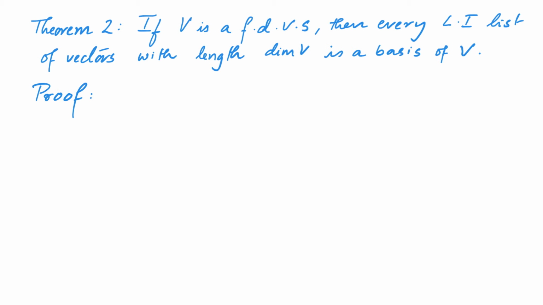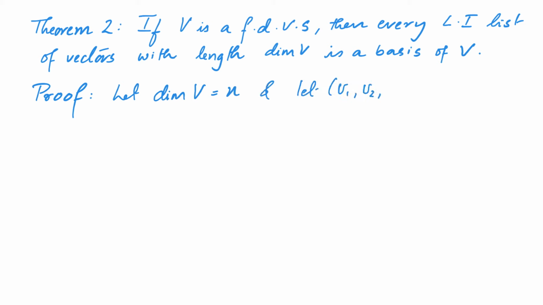Let the dimension of V be equal to n, and let v1, v2, etc. up to vn be a linearly independent list of vectors. Now we have seen that we can extend any linearly independent list of vectors to a basis.